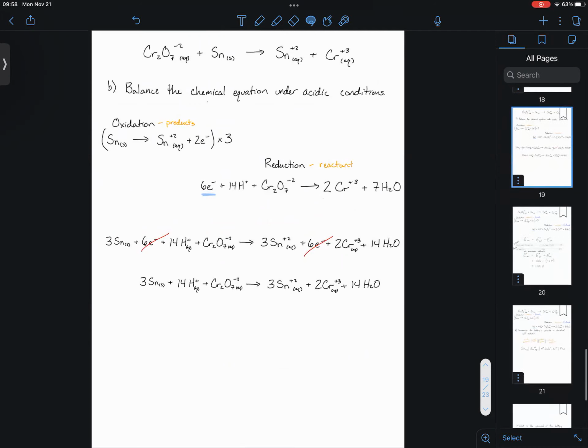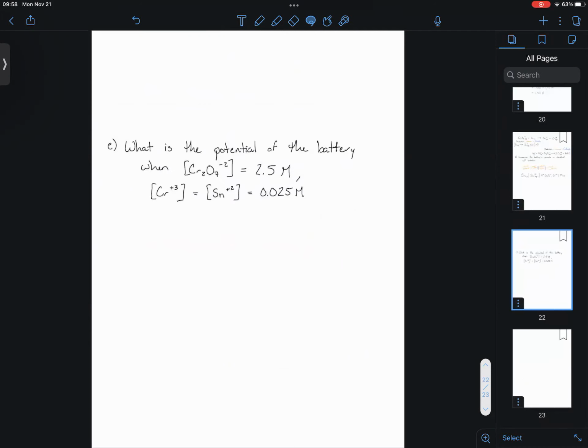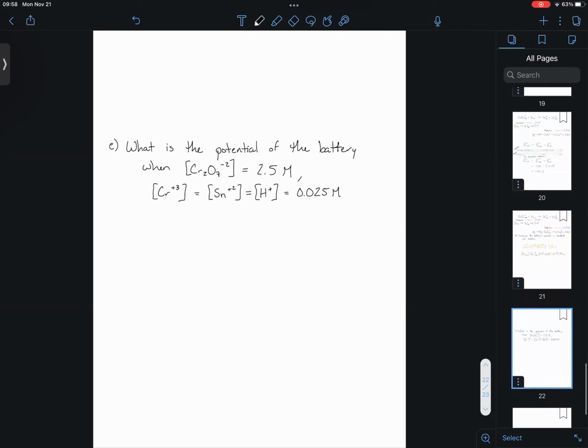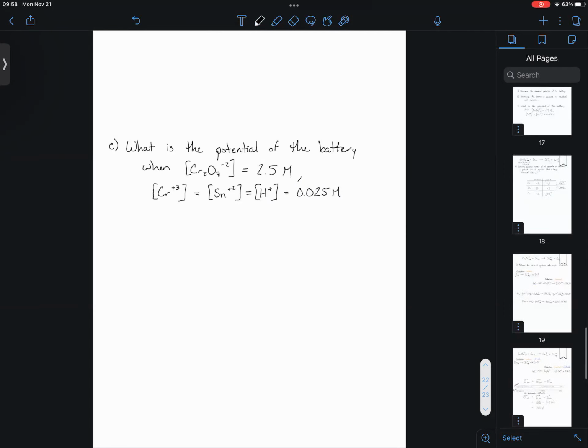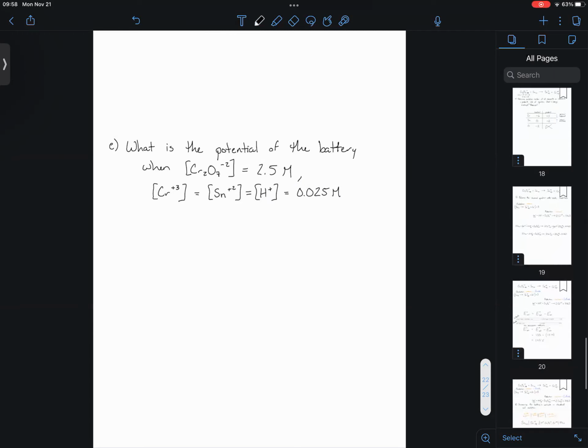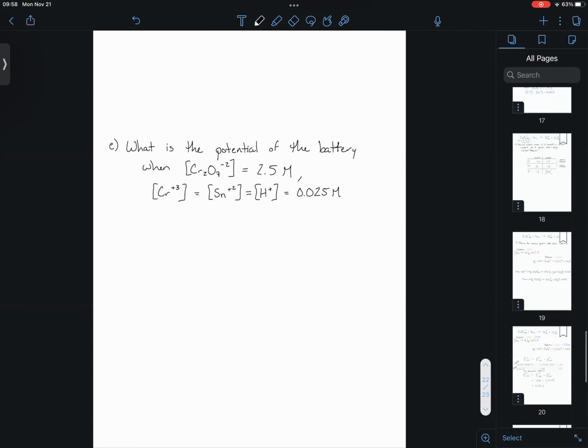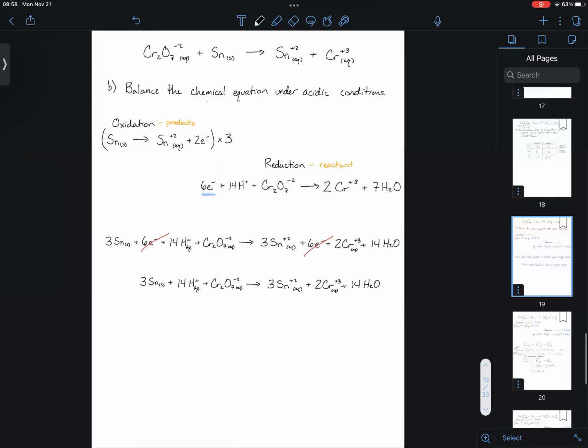Oh, actually, you're missing one important piece of information. We would also need the concentration of protons as well. Sorry about that. Where's my balanced chemical equation? This thing here.